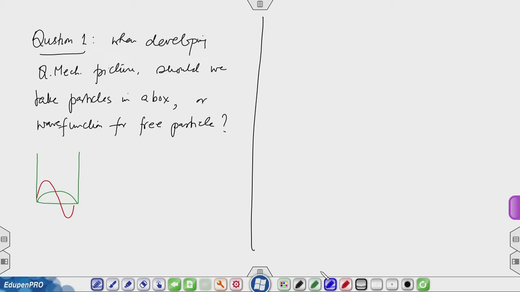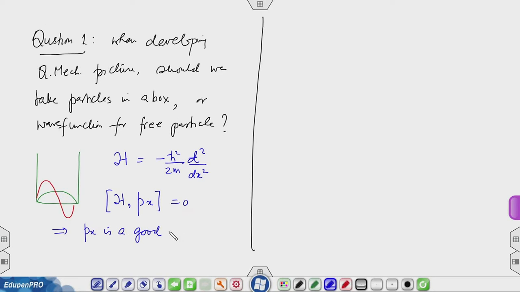Now, if you look at the Hamiltonian for free particle, which I said that particles are moving in constant potential, it is going to be minus h cross square over 2m d2 by dx square in 1D. The Hamiltonian commutes with px, and this implies that px is a good quantum number.